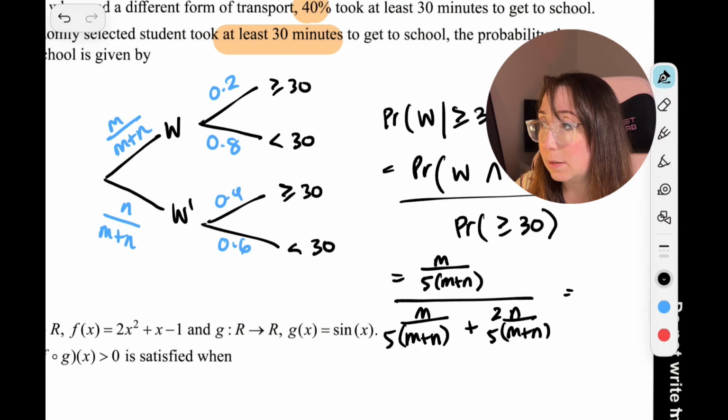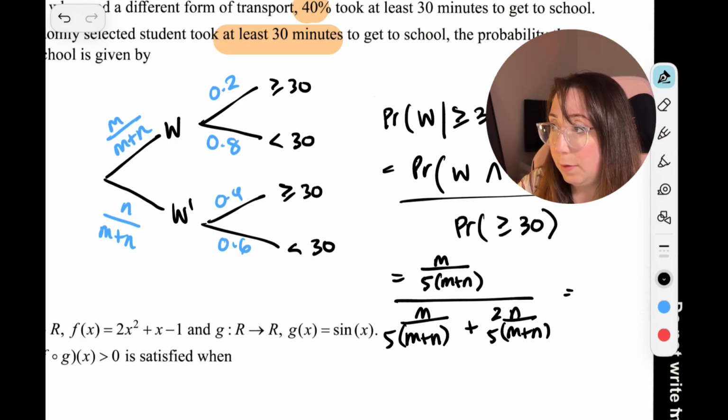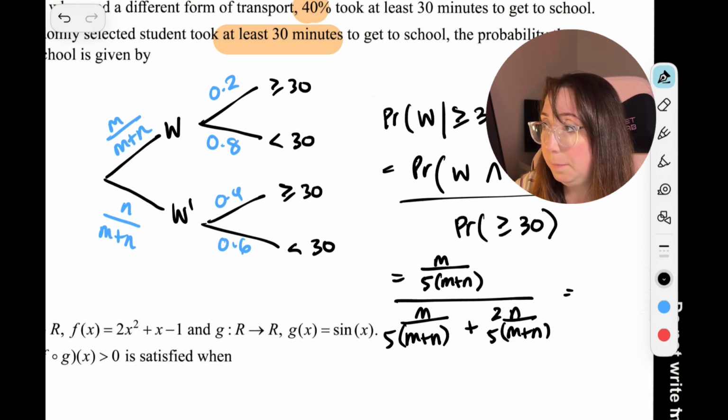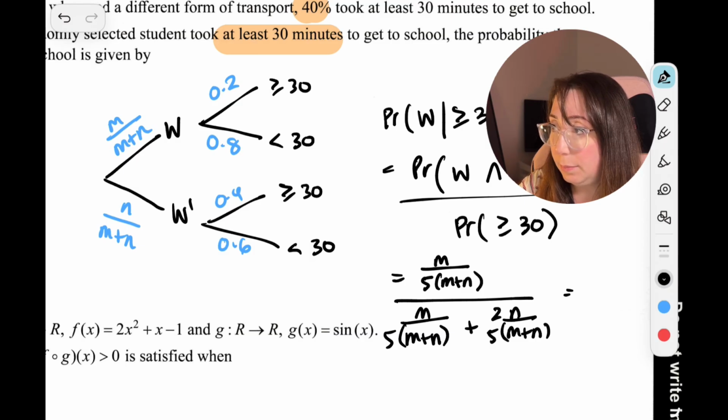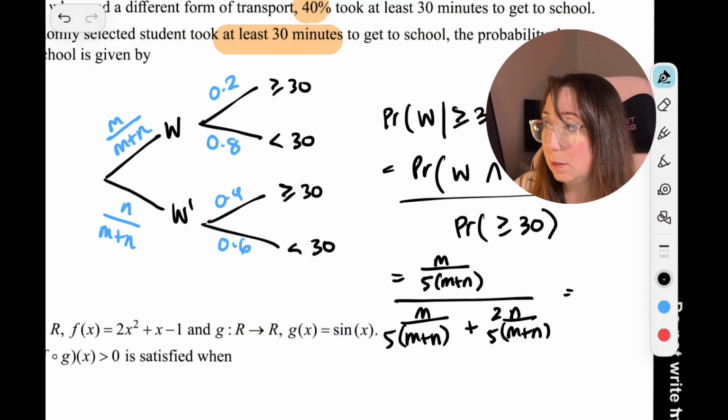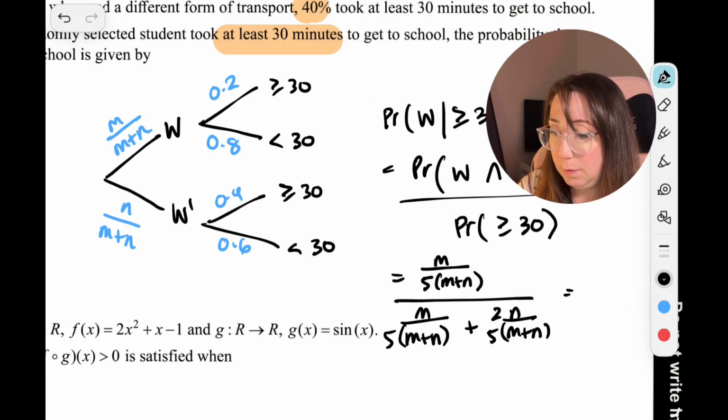Okay, now this goes straight onto our CAS, and we're going to hope that it's going to give us the correct answer. So we'll go m on 5m plus n on first fraction, m on 5m plus n, plus, and then second fraction, 2n on 5m plus n.